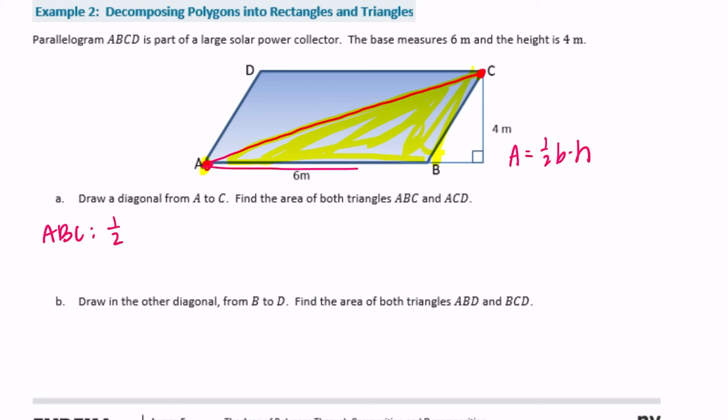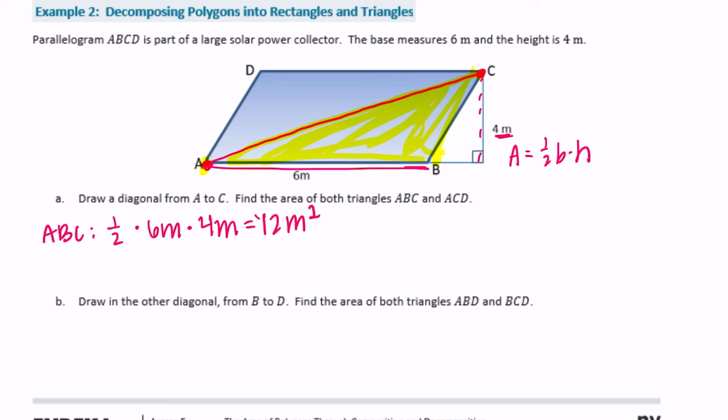Let's see, the base is 6 times the height, or the altitude here, is 4 meters. So 1/2 times 6, let's do 6 times 4 is 24, and then half of that would be 12 meters squared. So that's the area of ABC.